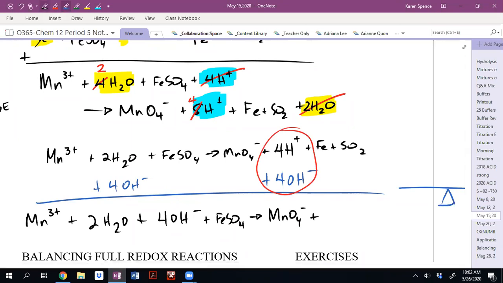Water. So we have 4 waters, and then we have our Fe and our SO2.